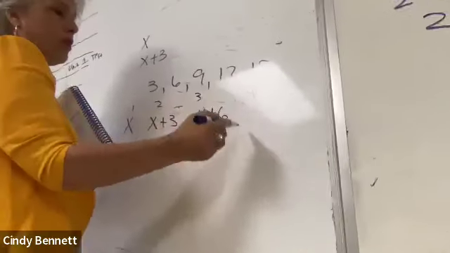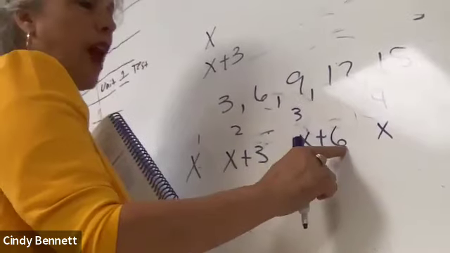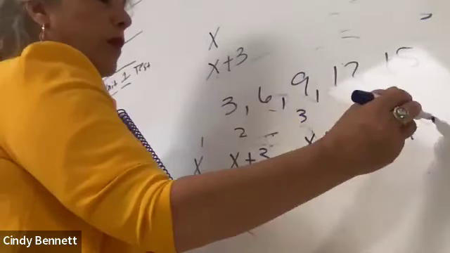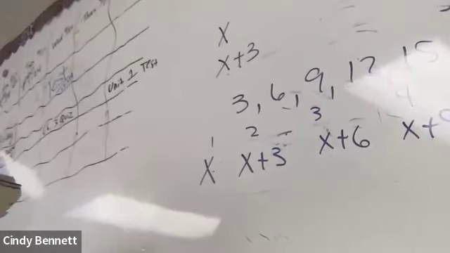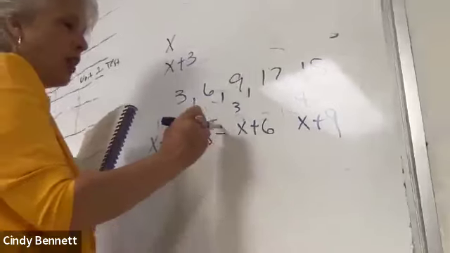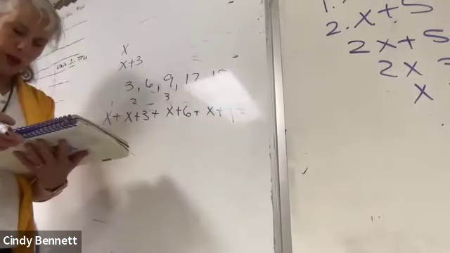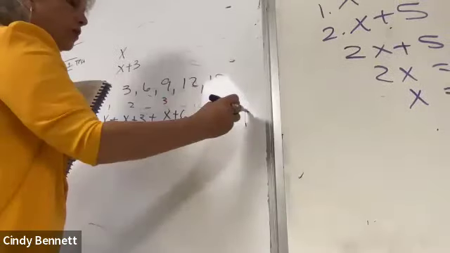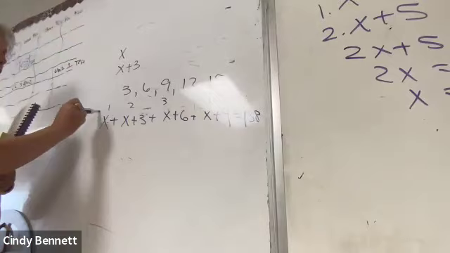And the fourth consecutive would be x plus 6, and then add 3. Okay, and then it says the sum, so that means you're adding them together, and together they equal what? 138. So that's going to be your problem right here.